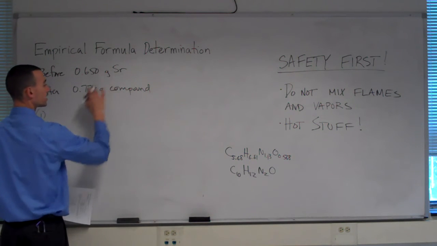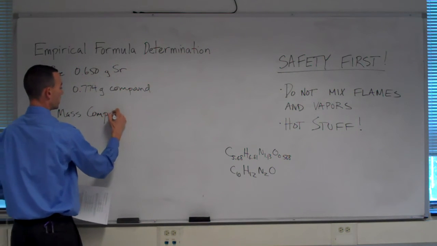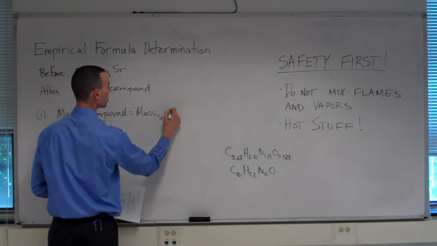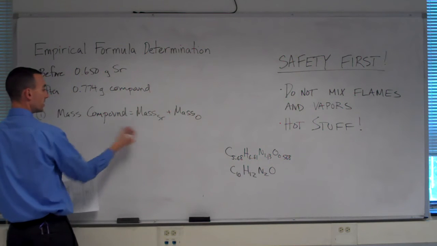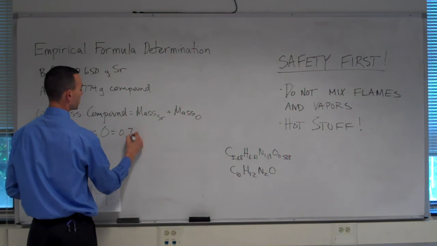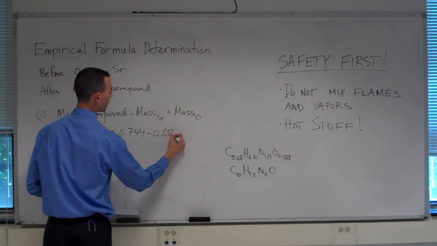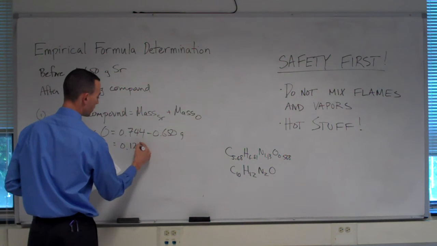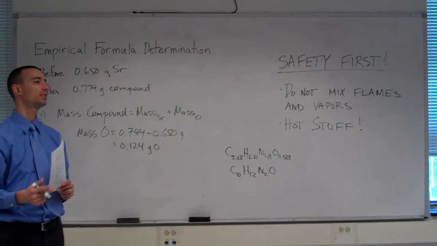Well, the total mass of the compound must just be the mass of the strontium plus the mass of the oxygen that we added. Therefore, the mass of the oxygen is simply the total 0.774 minus the initial 0.650, or 0.124 grams of oxygen were incorporated into this compound.